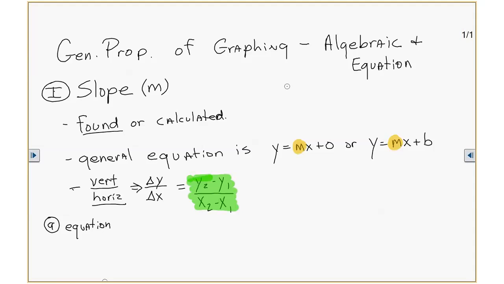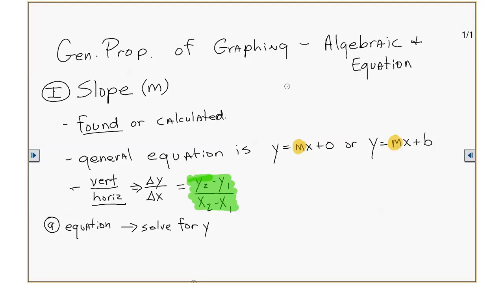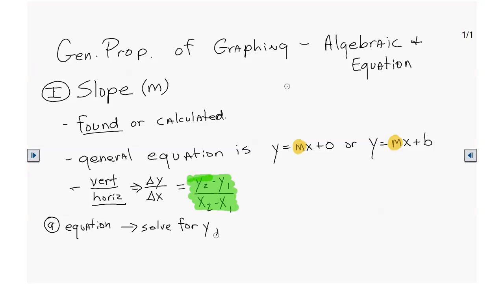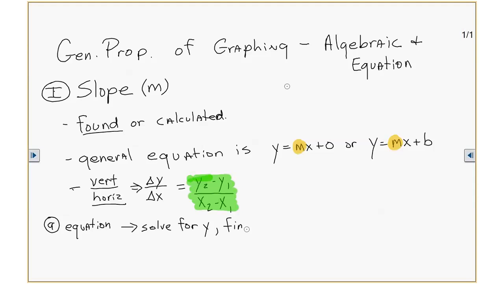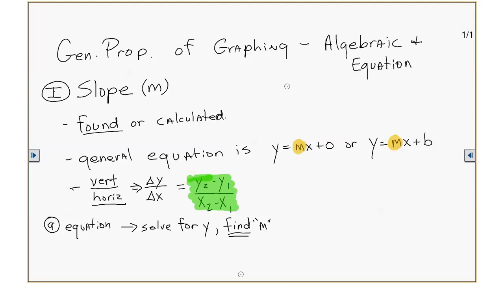And if it's an equation they give you, then you're going to have to find the slope. So you're going to have to solve for y. And then if you solve for y, you can find what? M.